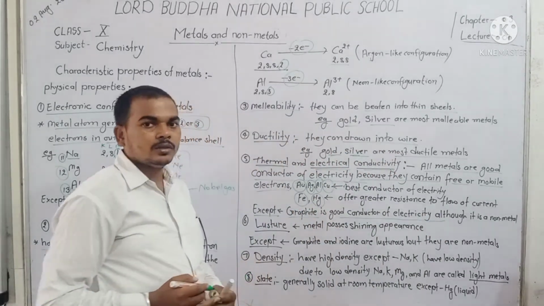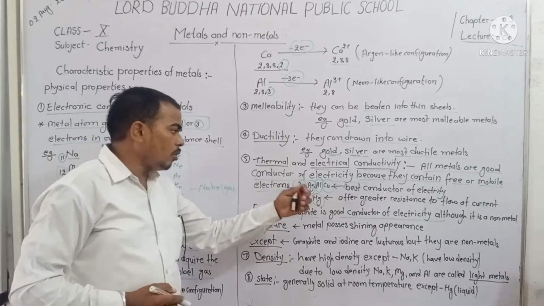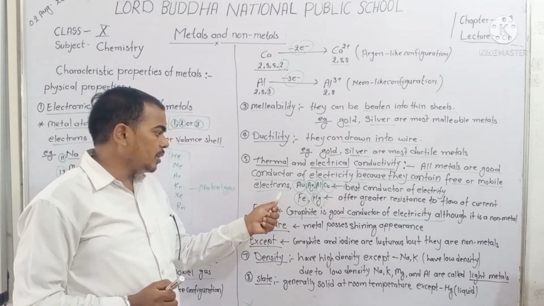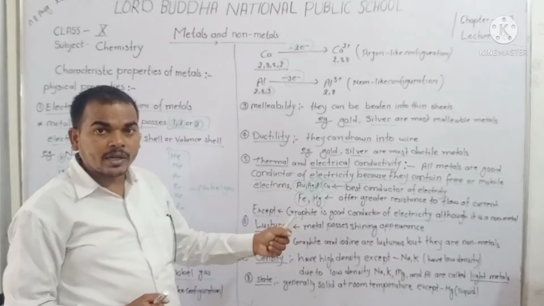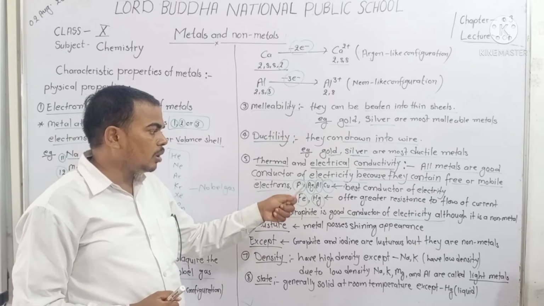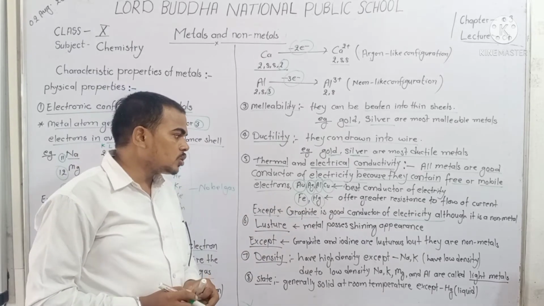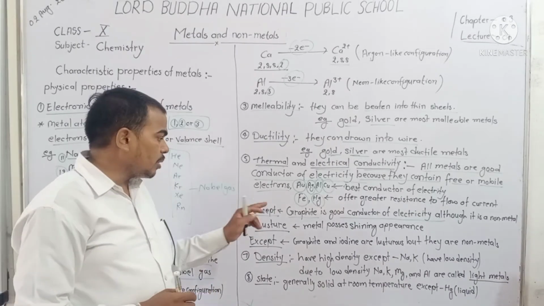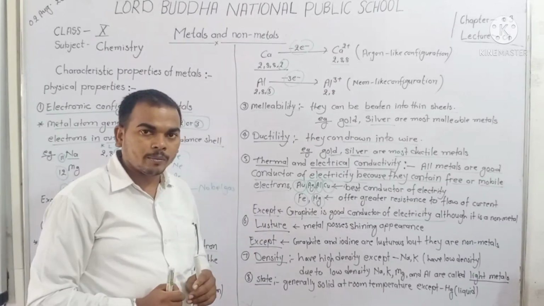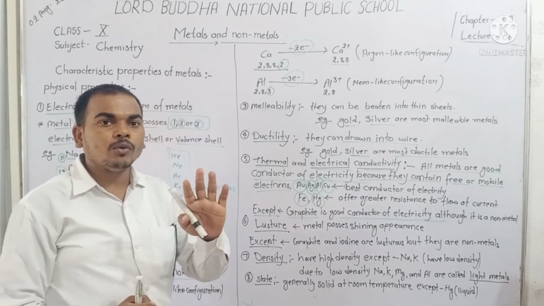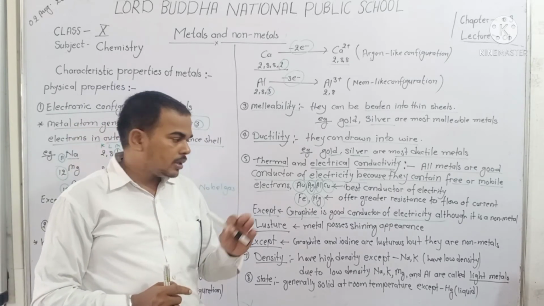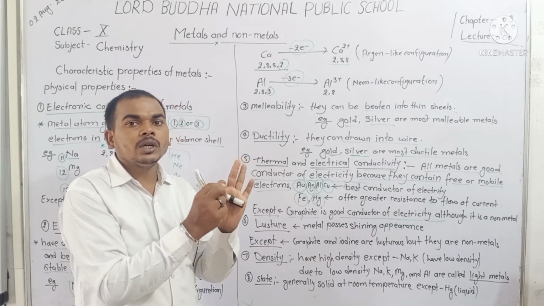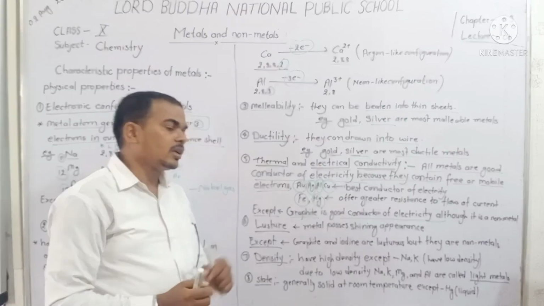Always remember, graphite is a non-metal, not a metal, but it has the tendency to move its electrons, because graphite is an allotrope of carbon. Carbon has 4 valence electrons, but in graphite 3 electrons bind to other carbons and 1 electron is free, so it conducts electricity.